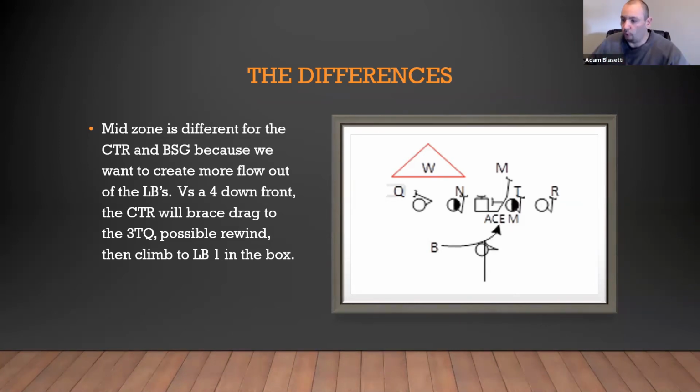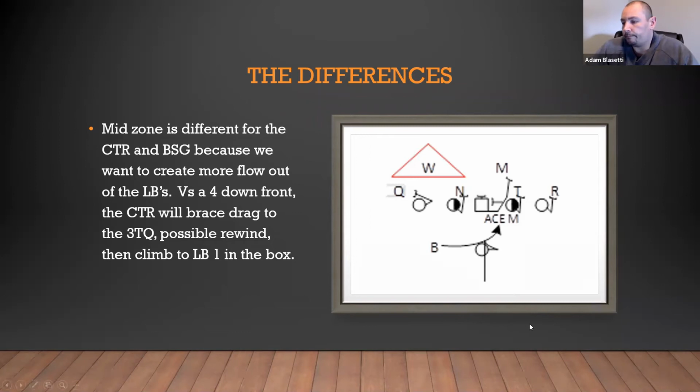He's going to either push climb, which means he's going to push the 3-tech out and then climb to the mic. Or, if the 3-tech disappears and there's no immediate threat to his A gap, then he's going to do what we call rewind, which basically means body check backwards into the 2-eye and then work vertically onto the mic.